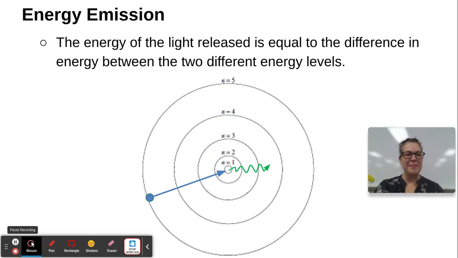The farther away from the nucleus it is, the more energy it has. So the difference between the energy level it originally was and where it fell to is going to determine how much energy light is released.